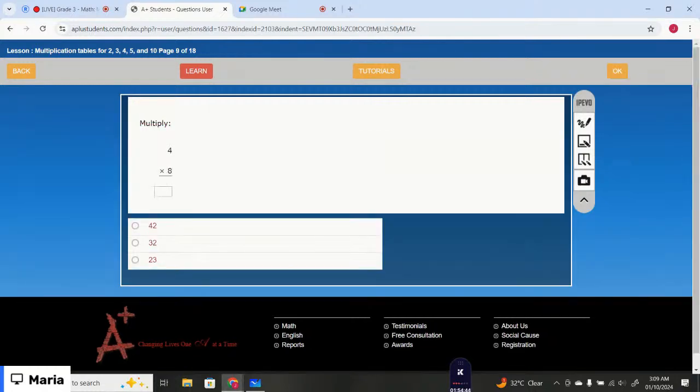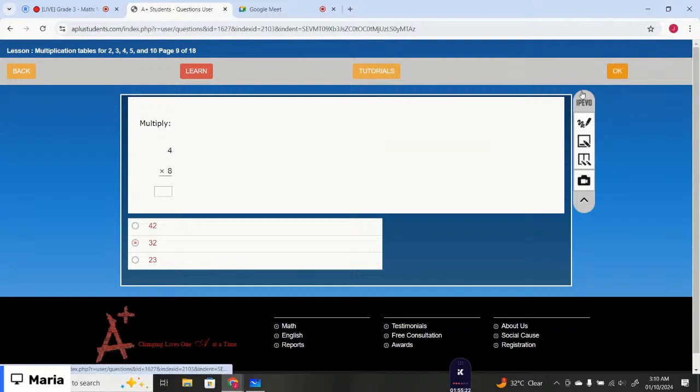The next one is 4 times 8, which is the correct option? 4 times 8 is 32.